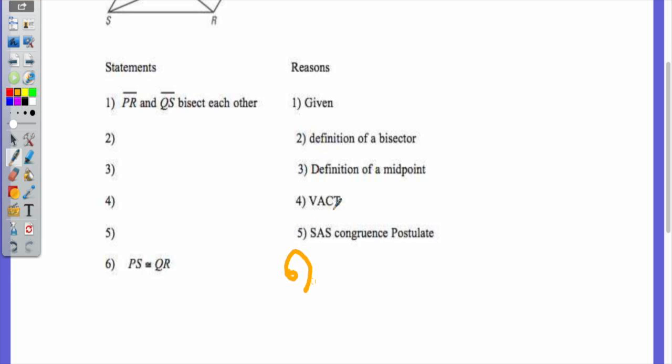That last step is going to be corresponding parts of congruent triangles are congruent. Okay, let's wait till we get to the whole thing. Right now, can you memorize it, if there's one step after triangles are congruent, it's CPCTC? You can memorize that. We're going to get it so by the end you understand that, okay?